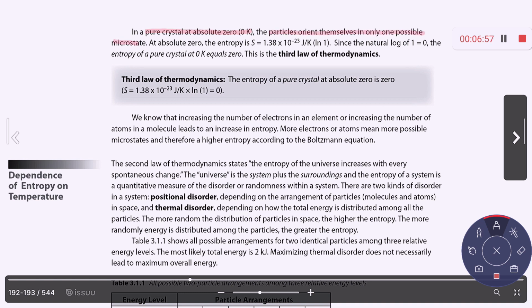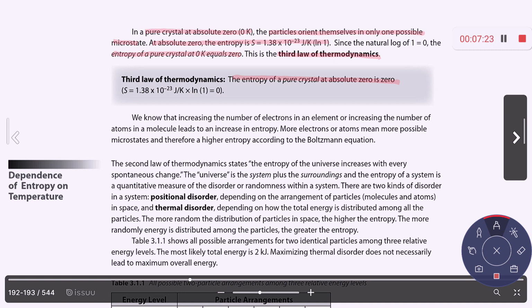So we define the entropy as being 0 at 0 Kelvin. This is the third law of thermodynamics. So the entropy of a pure crystal at absolute 0 is 0. And this is what all of the standard entropy values in the back of your book in the tables are measured against, okay?